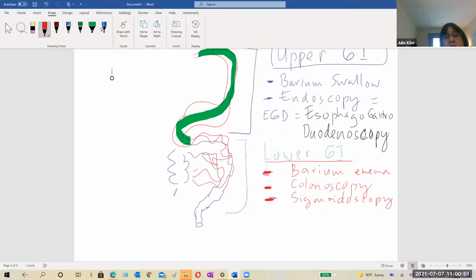If you catch it early, the prognosis will be much better, before it gets bigger and goes into the lymphatic system and also the blood stream, which gives a worse prognosis. We also have proctoscopy, which only goes as far as the rectum.